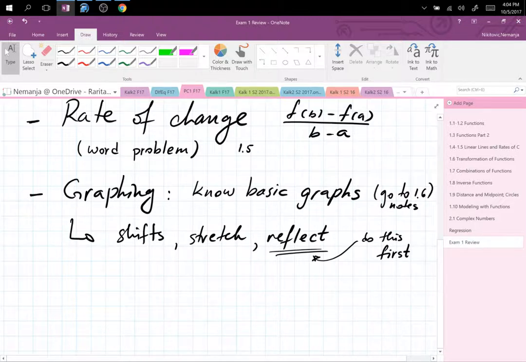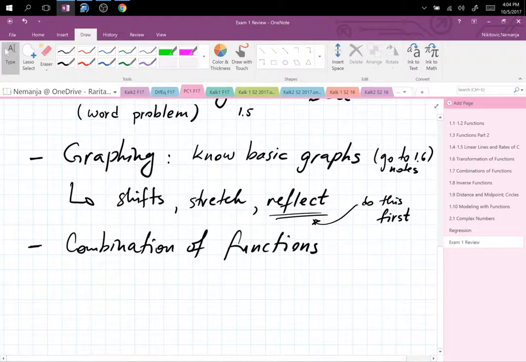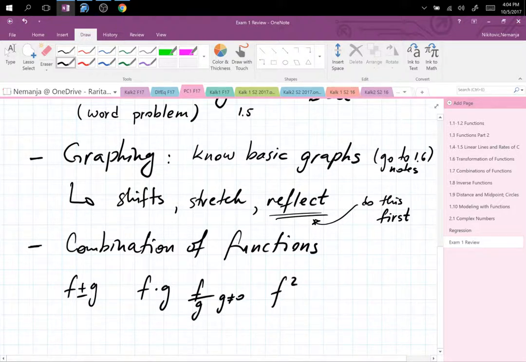After graphing, we are talking about combinations of functions, and this is the hot topic. This is where we are talking about f plus g or minus, f times g, f divided by g with g not 0, f squared, square root of f, absolute value of f, and finally f composed with g.